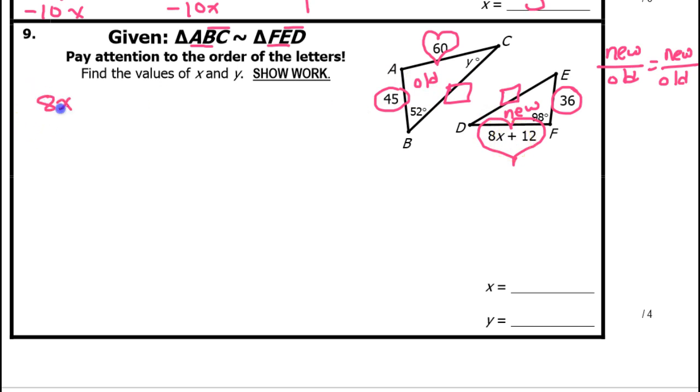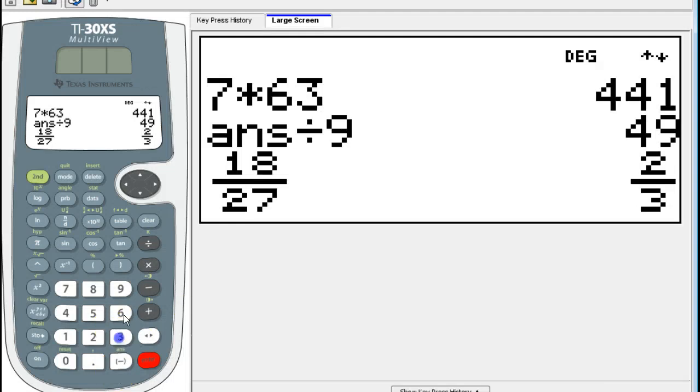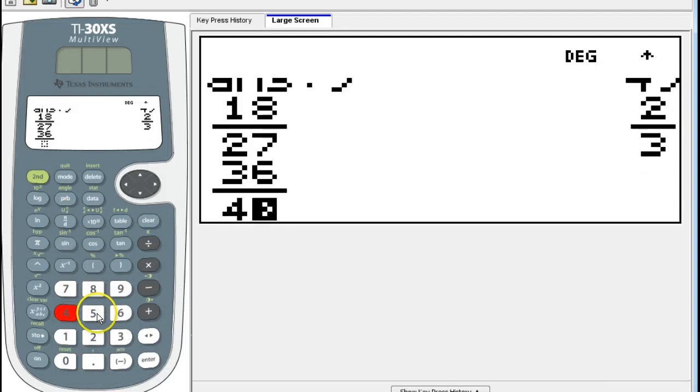So 8x plus 12 over 60. See, I'm matching up the hearts. And then, okay, new over old. So 36 over 45. I like to reduce these. So that's 4/5.